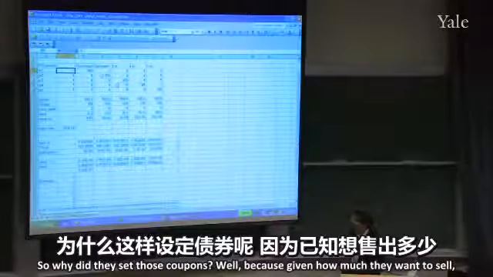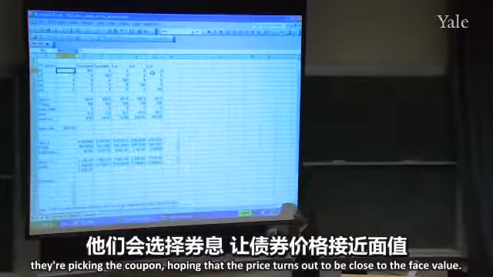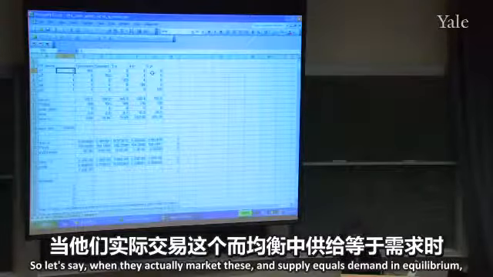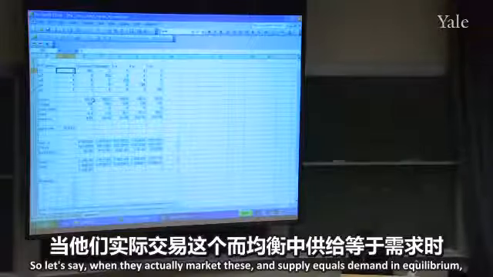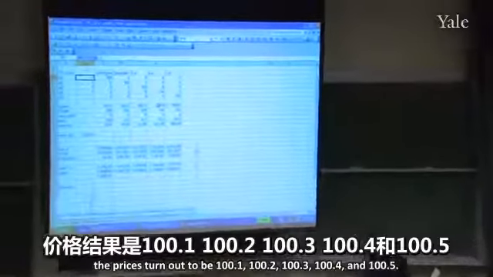So why did they set those coupons? Because given how much they want to sell, they're picking the coupon hoping that the price turns out to be close to the face value. So let's say when they actually market these and supply equals demand in equilibrium, the prices turn out to be 100.1, 100.2, 100.3, 100.4, and 100.5.